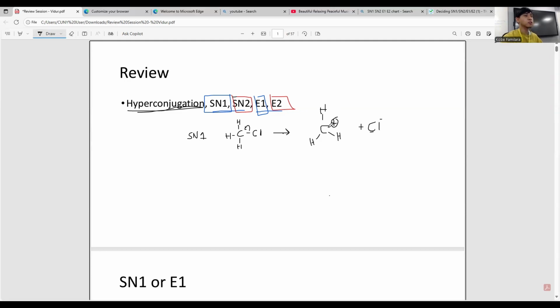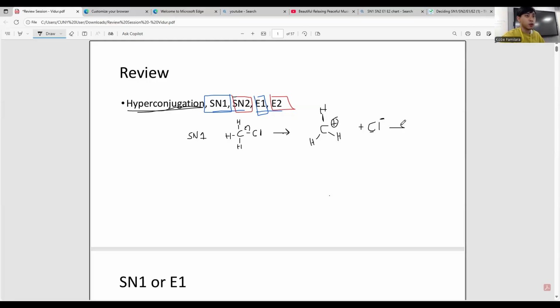Now, I'm drawing this product for educational purposes, but just know that this methyl carbocation, meaning this carbon with a positive charge, is very unlikely to occur in real life. That's what we'll talk about later: very likely it will never be an SN1 reaction because the products will be very unstable.